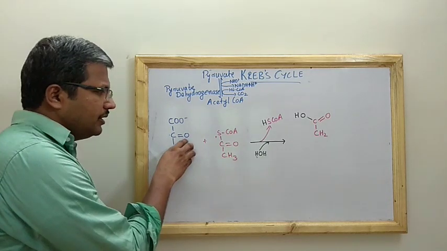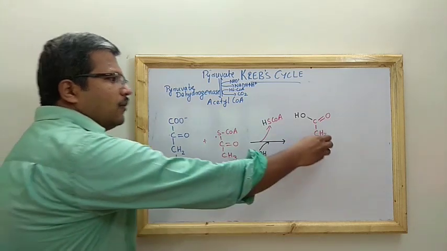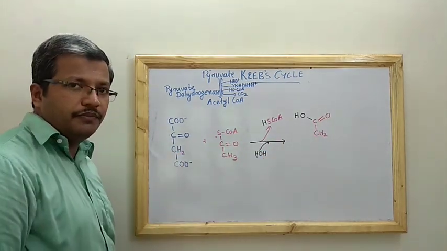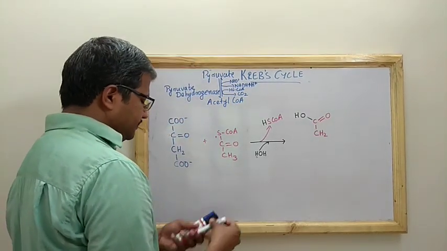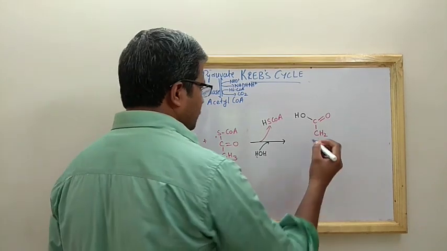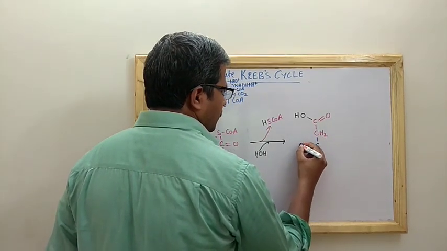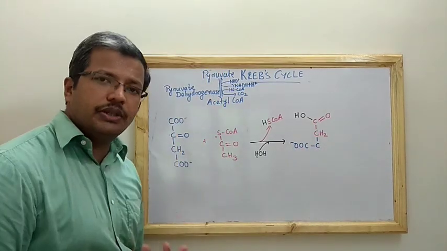This bond will be breaking. Only single bond O will be there. So O minus comes here. Now the one hydrogen that is remaining there will be coming and binding here. Got it? So we can see that the CH2, then it will be coming down COO minus.